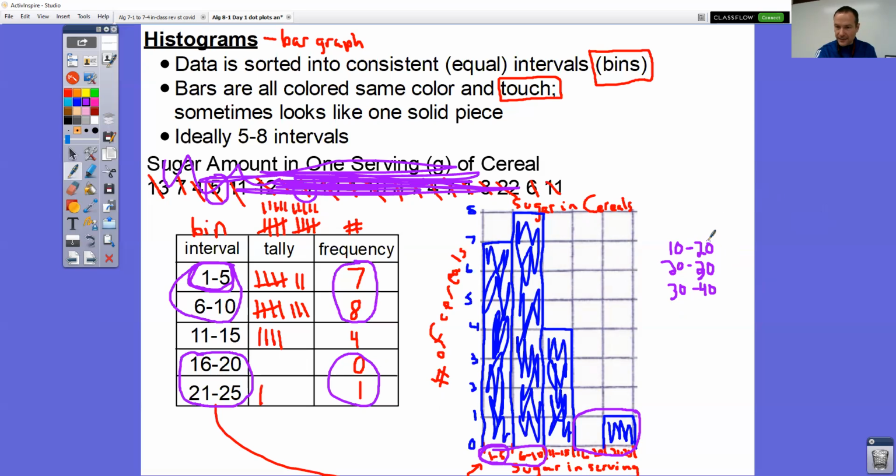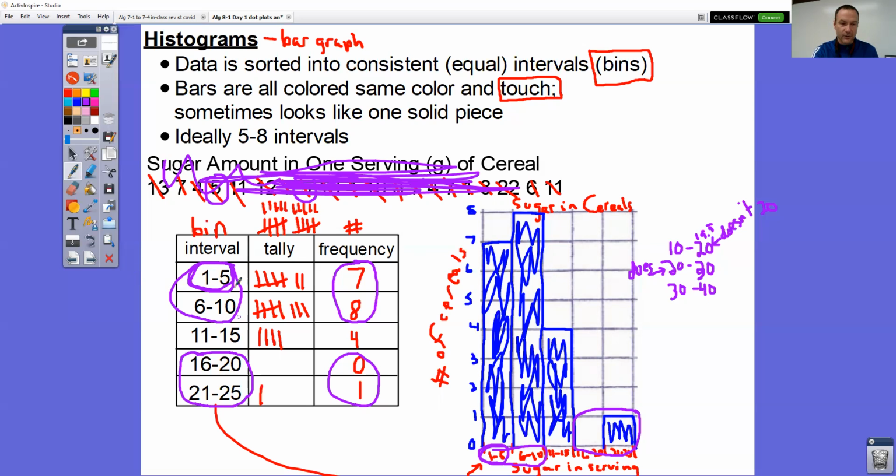Well, this 20 right here is really 10 to 19.999999999, or 19.9 repeating. This one doesn't include the 20. This one does include the 20. So when it says 10 to 20, that doesn't include that 20. When it says 20 to 30, this one does include the 20.